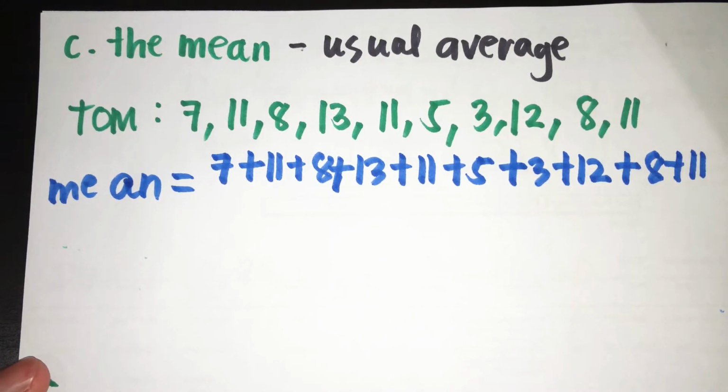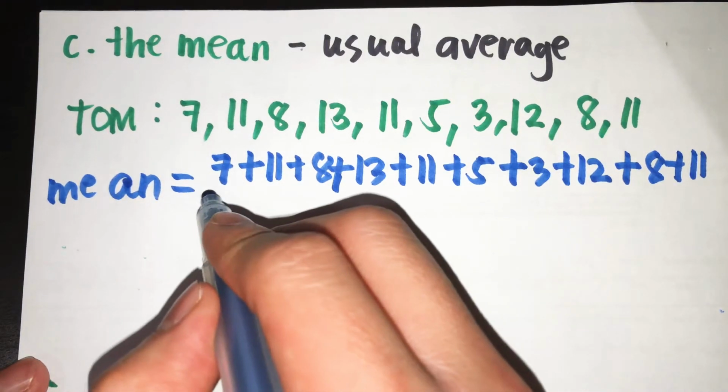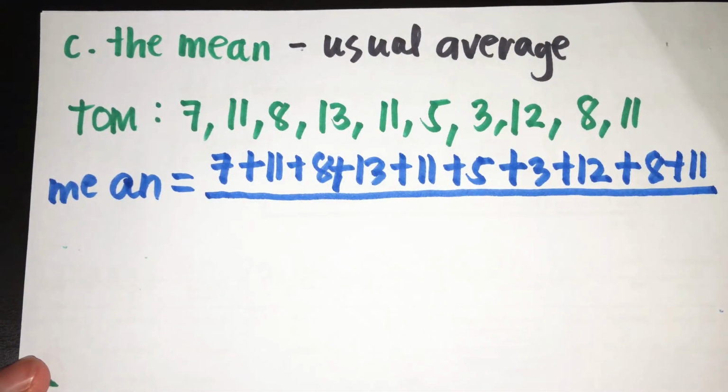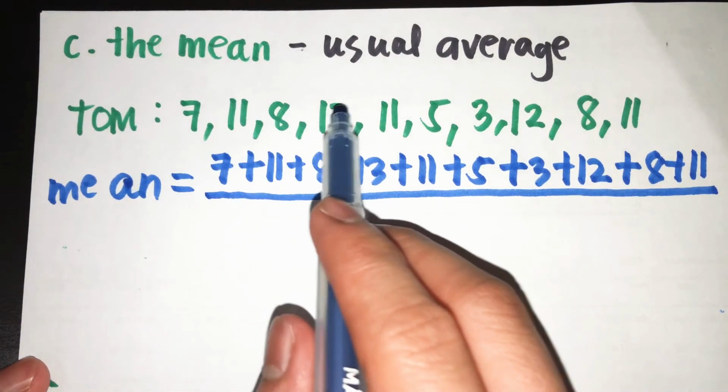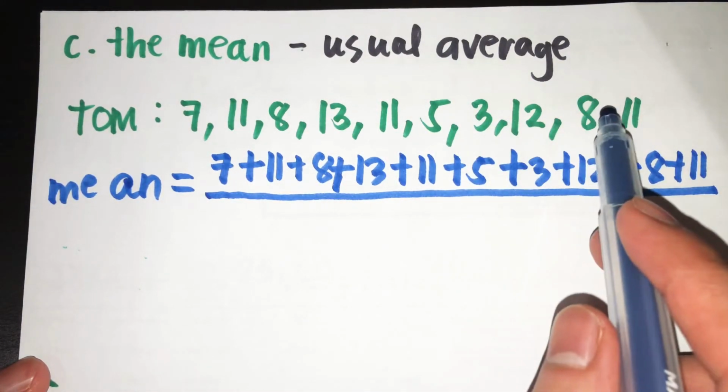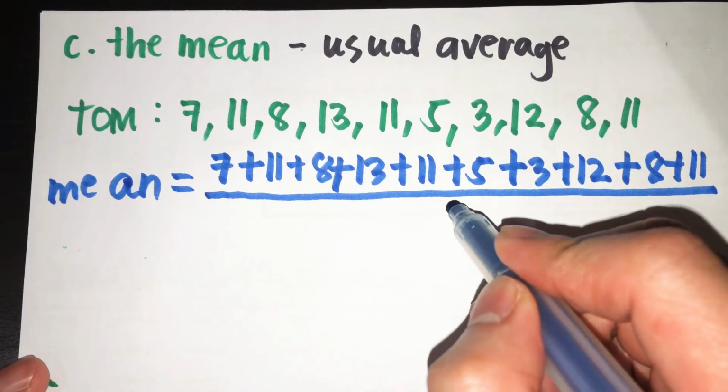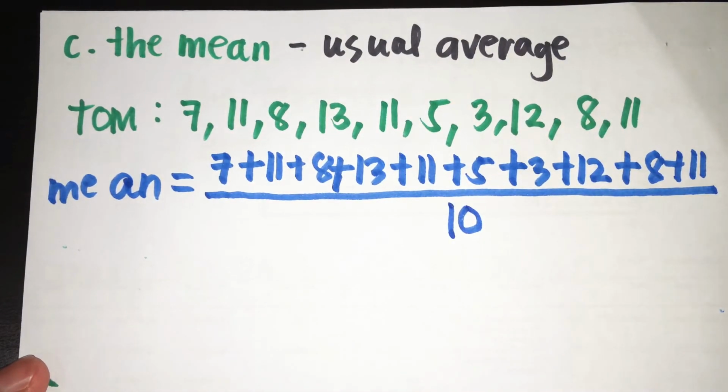Okay? Then, you're going to divide this by the number of data that you have. So we have 1, 2, 3, 4, 5, 6, 7, 8, 9, 10. So this is divided by 10.